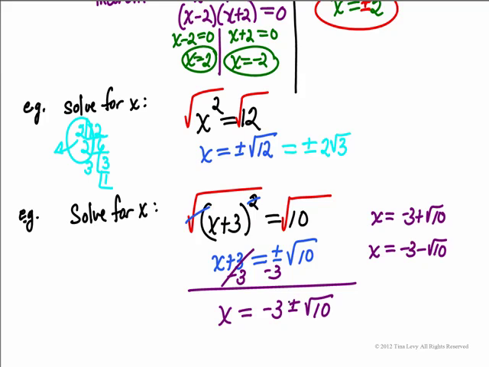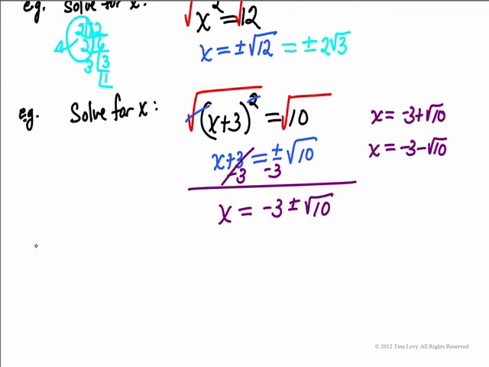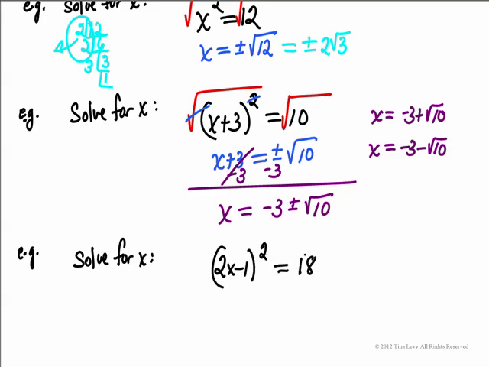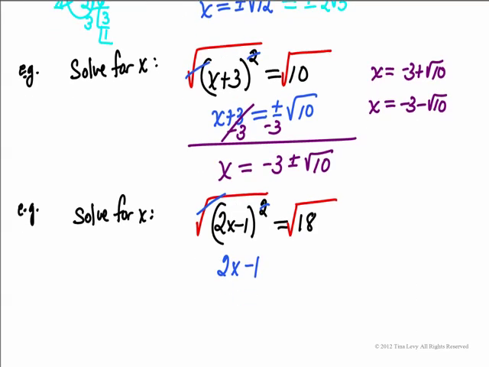We can go another step further. So for example, I might say solve for x: quantity 2x minus 1 squared equals 18. Now, because we have a square, we're going to undo it with a square root. The square root and the square undo each other, and we have 2x minus 1 equals, we always put plus or minus radical 18.